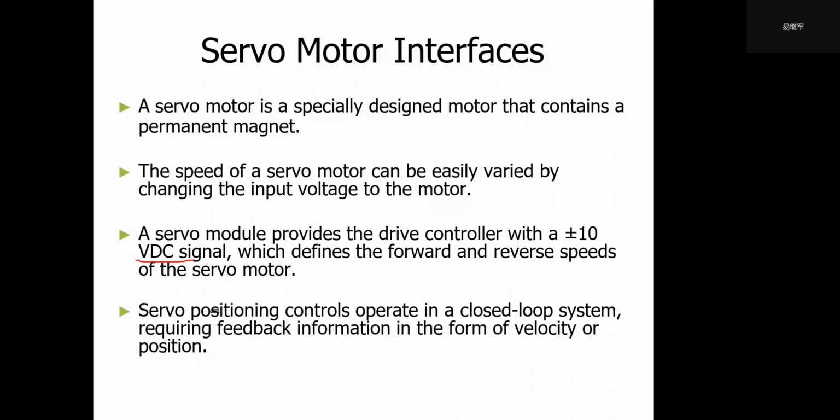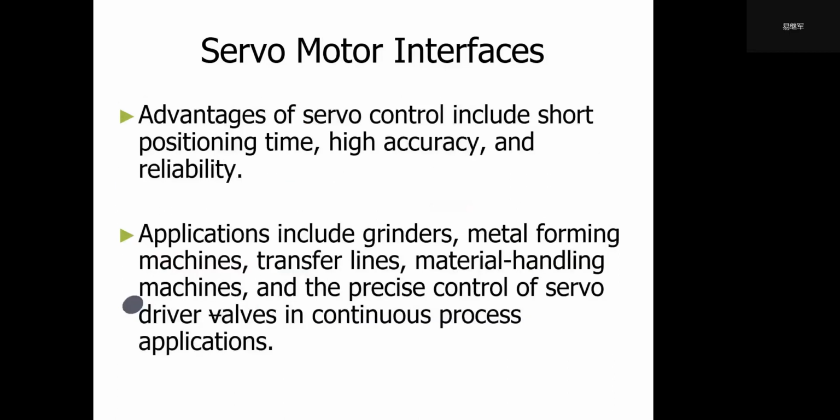Servo positioning controls operate in a closed loop system requiring feedback information in the form of velocity or position. Advantages of servo control include short positioning time, high accuracy, and reliability.